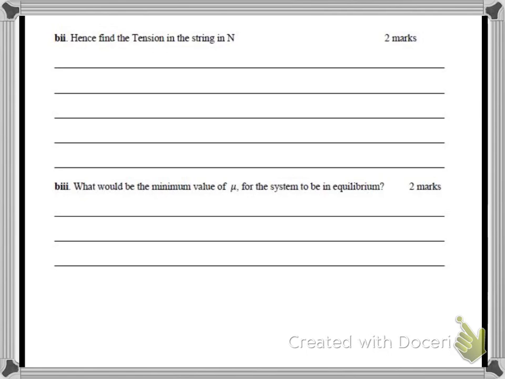Alright, so now from that let's find the tension in the string. Well, from equation number 3, we established that the tension is gravity subtract the acceleration that the system experiences, where the acceleration was the amount that we calculated, g divided by 18 meters per second squared.